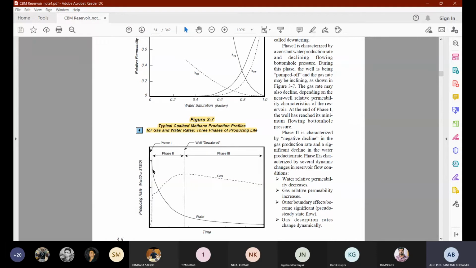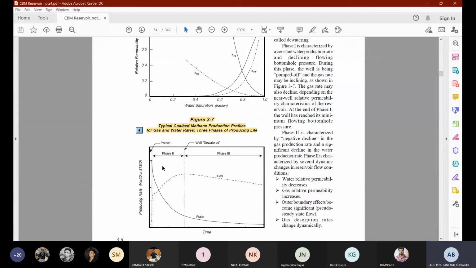Because earlier in phase 1, as the water component was so high, a total amount of water was coming out and very little gas was coming out. But now as the water pressure is going to reduce, and as the water quantity is also going to reduce, but your pump is moving at the same pressure, what will happen? Now the gas will come out.